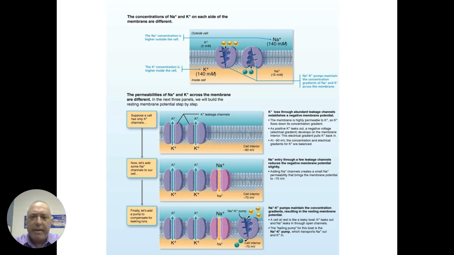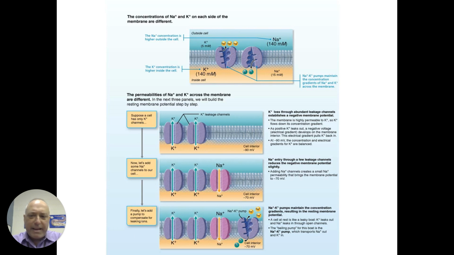And just an extension of that, the concentration of potassium outside of the cell is very low, and the concentration of sodium inside the cell is very low. And this creates a chemical gradient. So the cell, or the neuron, is permeable to these sodium and potassium ions.